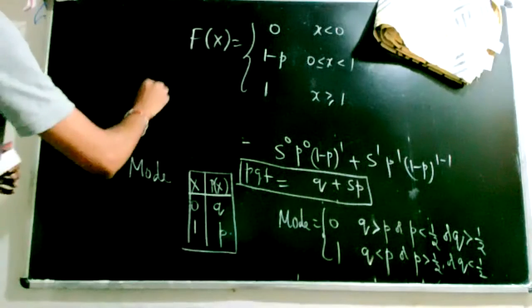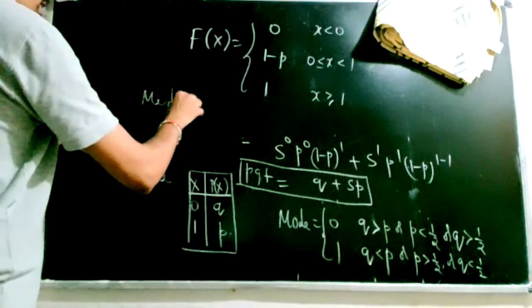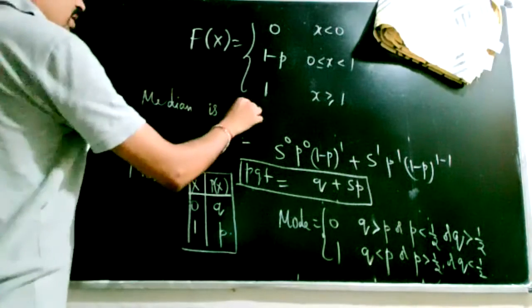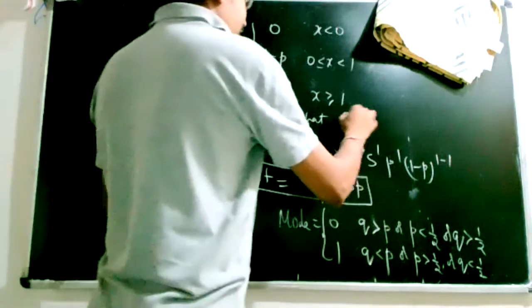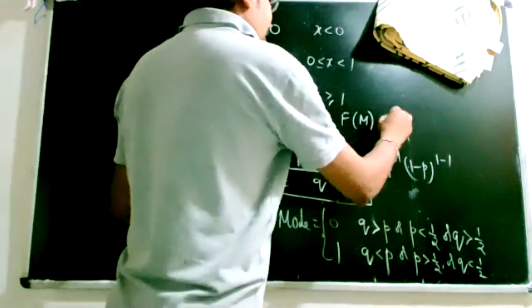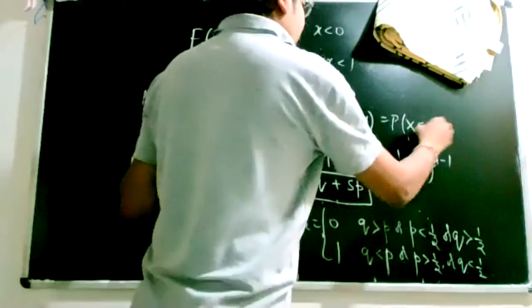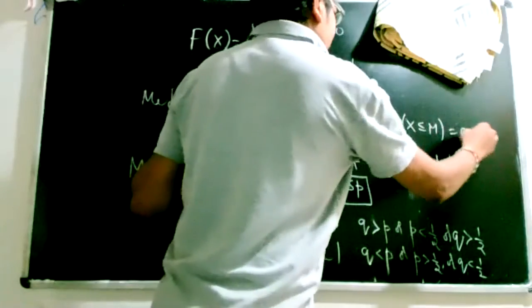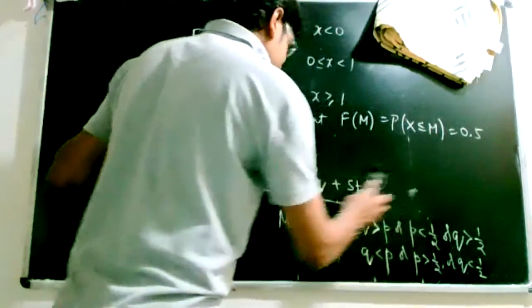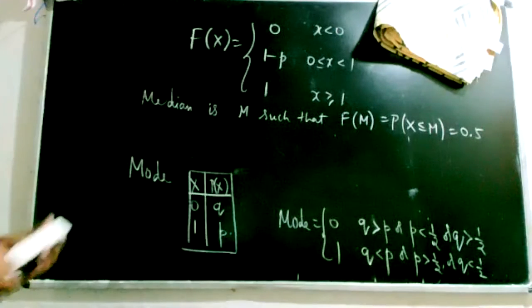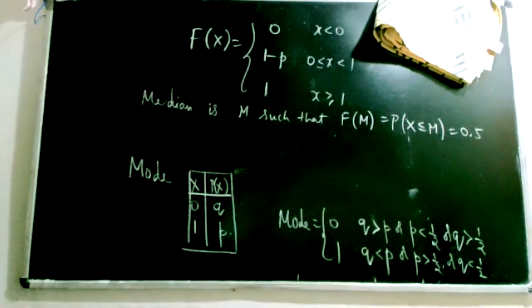So we say median is a point x, or we could say m, such that F of m, or P of x less than or equal to m, is equal to 0.5. But since it is a discrete distribution, exactly 0.5 cannot be observed, so we take slightly greater than 0.5.